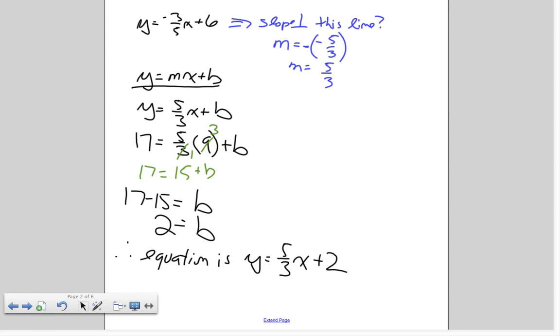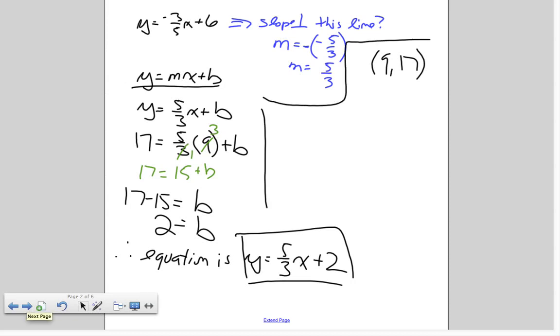How do we know that we actually got the right answer here in terms of that point? We can check it. The point 9, 17 has to be a point on this line because that's what the question said. The line passes through that point. So what happens when x is 9?